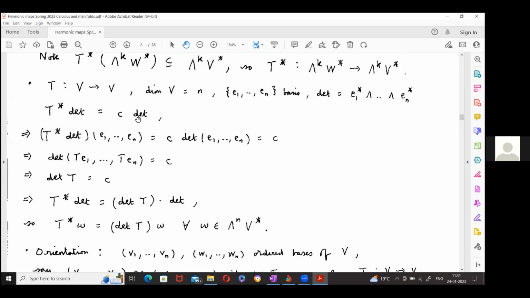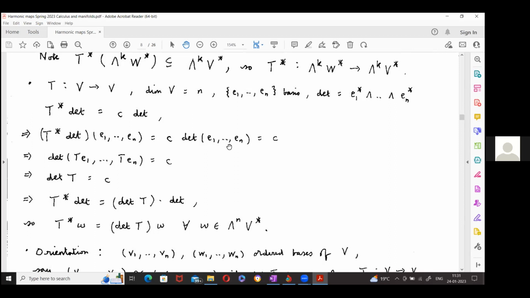Okay, so now how do I get this constant c? Well, I evaluate both sides on the basis vectors E1 to En, right? So T star det of E1 to En will be c times det of E1 to En.